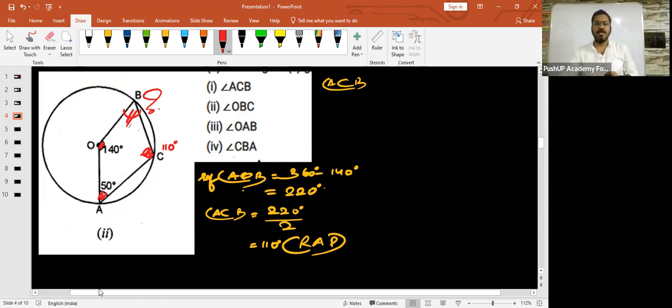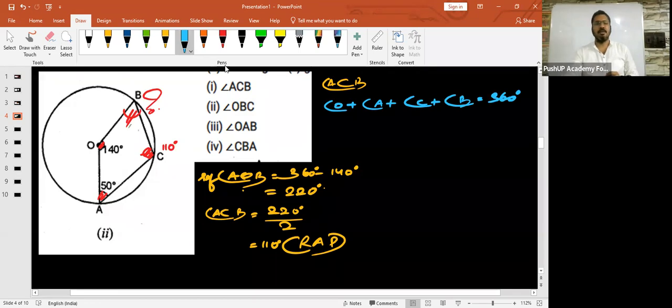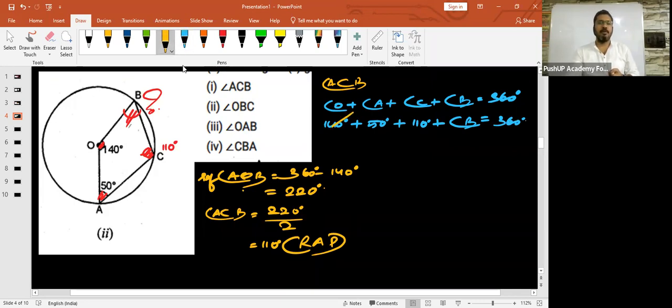All right. So children, I will write it here. Angle O plus angle A plus angle C plus angle B is equal to 360 degrees. So you can write the values of each angle here. 140 plus 50 plus 110 plus angle B. Or you can write angle OBC is equal to 360 degrees. 140 plus 50 is 190. 190 plus 110 is 300.